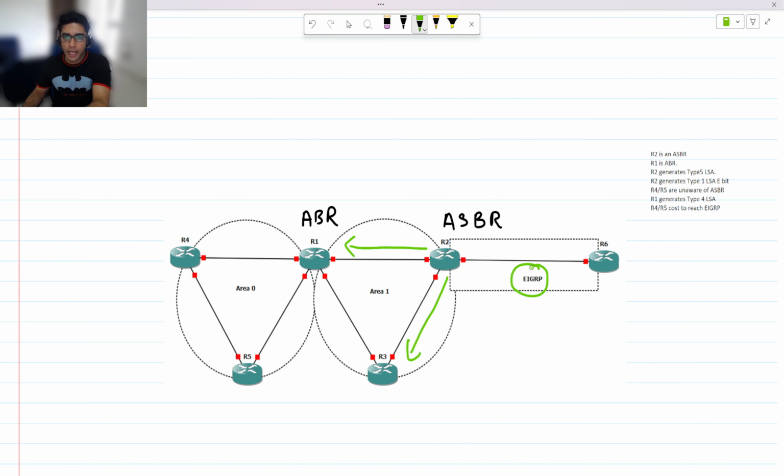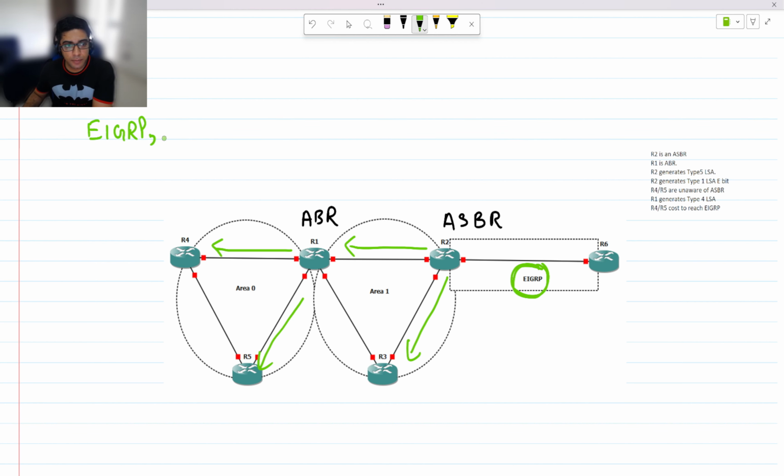It belongs to the EIGRP network, and hence LSA 5 also does not belong to an area, and so LSA number 5 will be passed on or forwarded to the routers in area 0 as well. So R1, R3, R4 and R5 all know that to reach the EIGRP network, they will have to go to the ASBR R2. We had discussed that when R2 sends the LSA 5, the information will be about the EIGRP network.